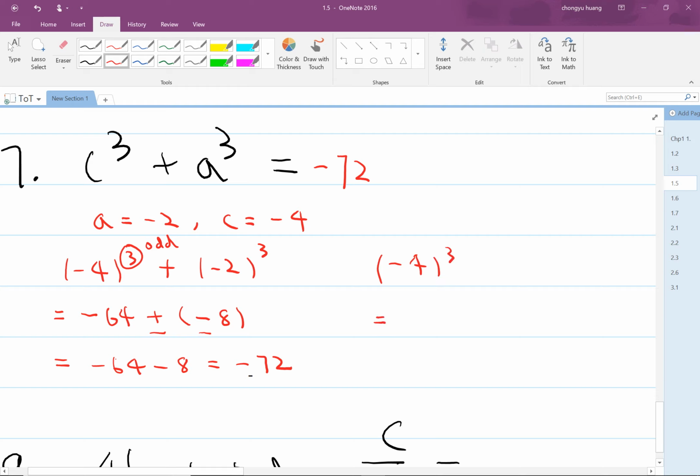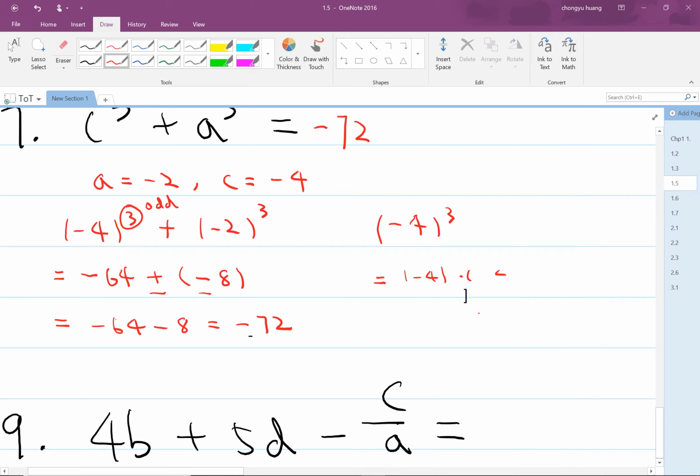So actually the full step is negative 4 multiplied by negative 4 and multiplied by negative 4.